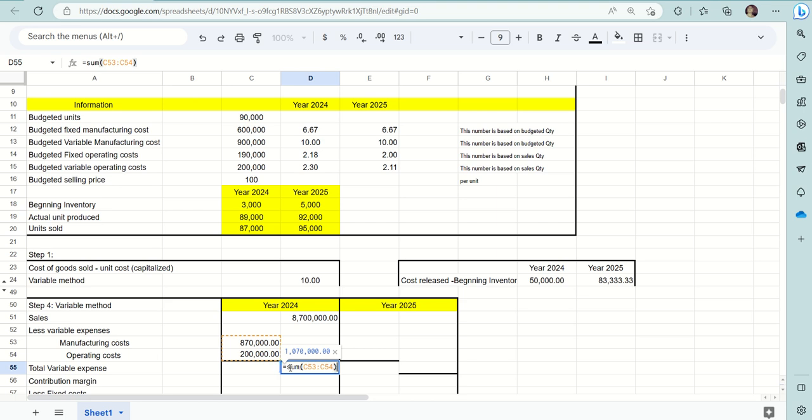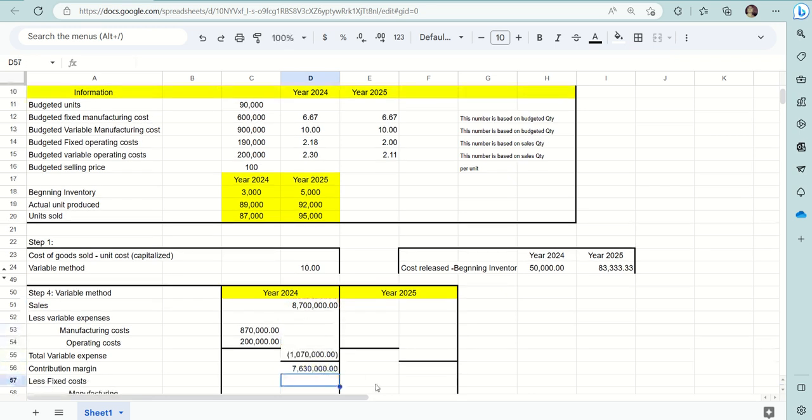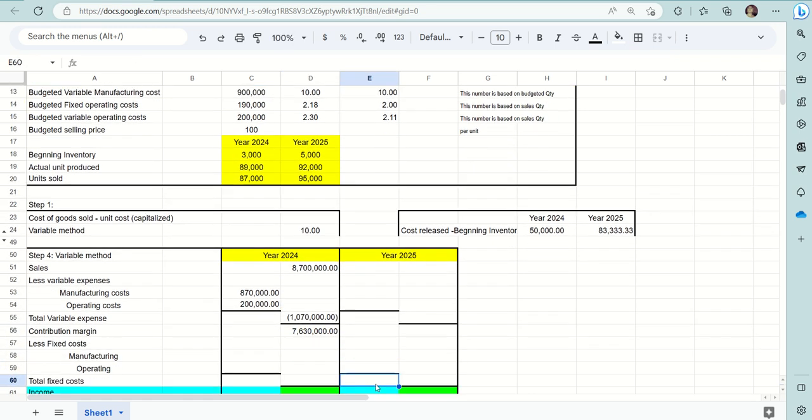We change the polarity on that, and that gives us the total variable expense. We subtract the total variable expense from the sales. So that is our contribution margin.